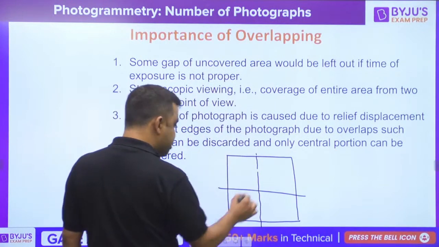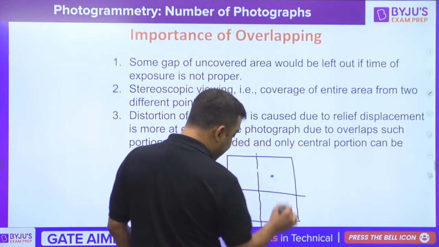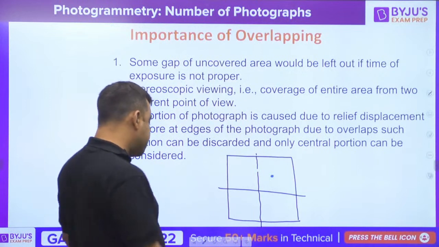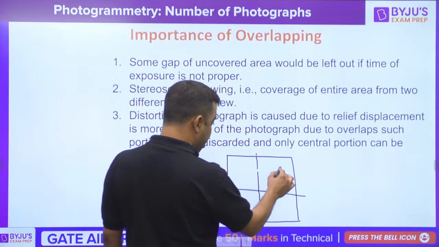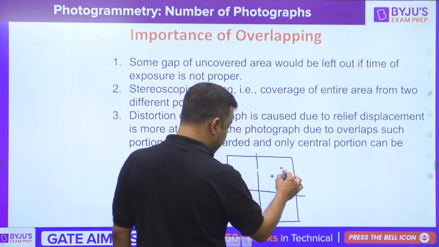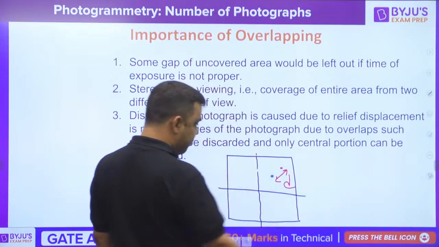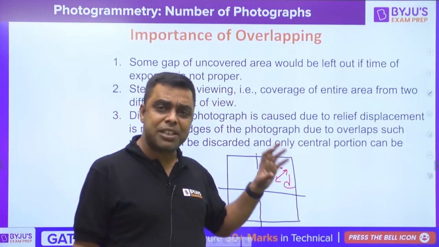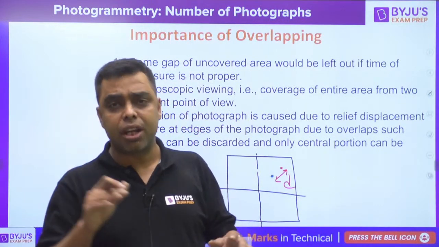If a particular point was on flat ground, the image was supposed to come over here. But if it is on undulating ground, the image will get dislocated. This is called relief displacement D. So guys, this happens in case of undulating ground.